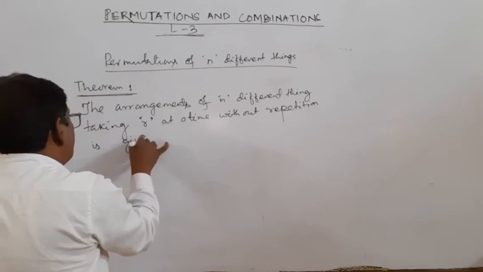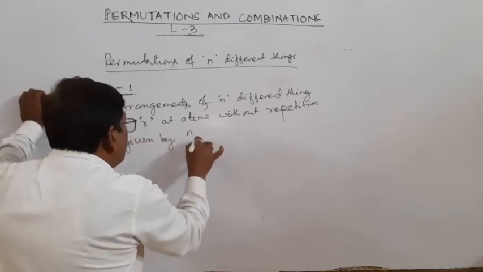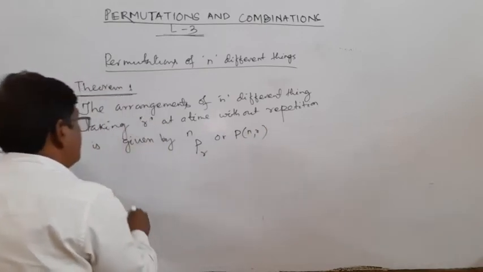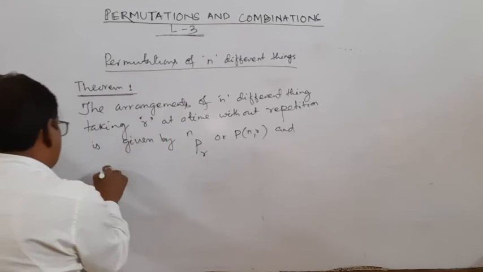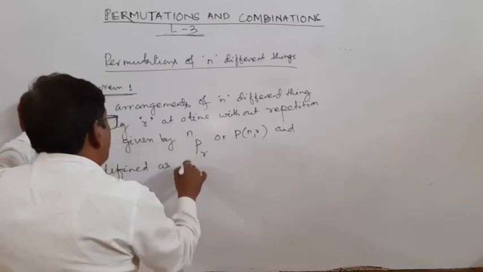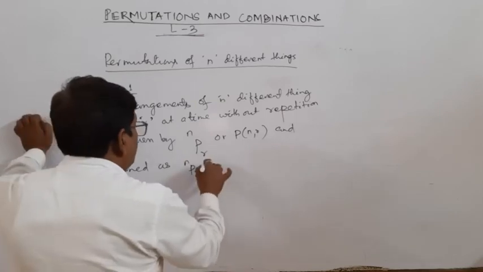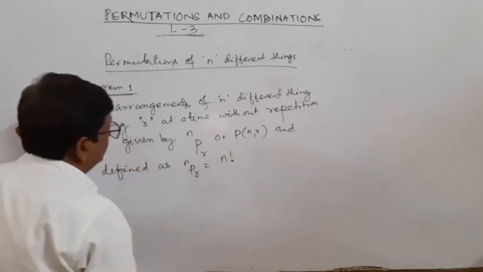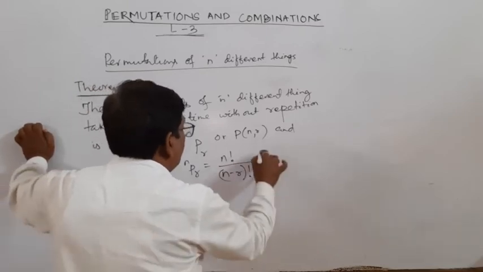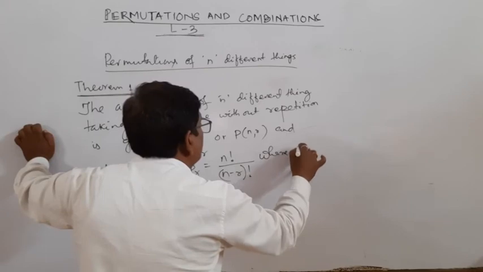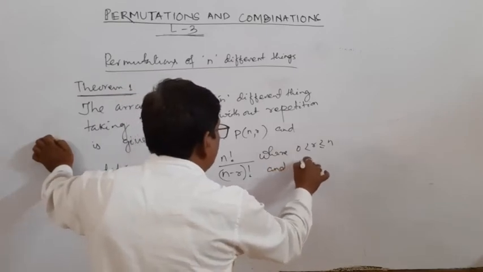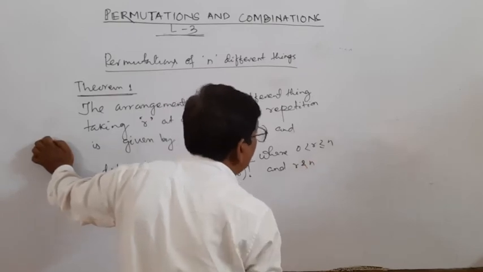given by nPr, or P(n, r), and defined as nPr equals n factorial divided by (n minus r) factorial, where 0 is less than r, r is less than or equal to n, and r and n are never fractions.